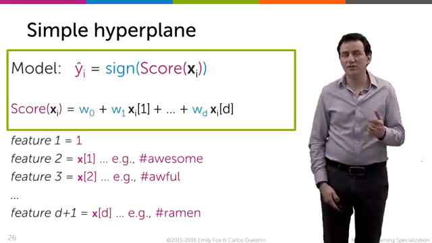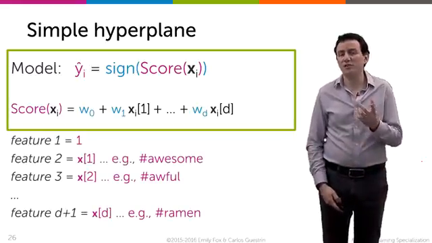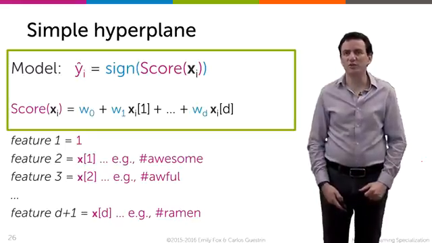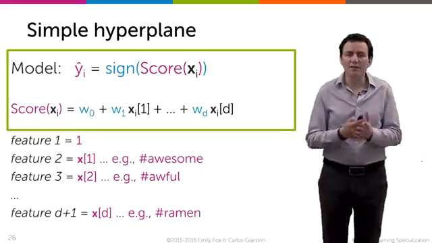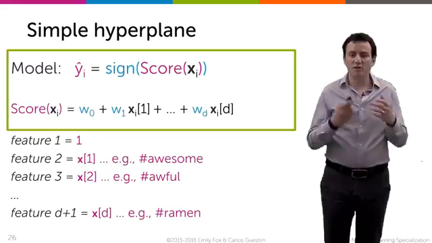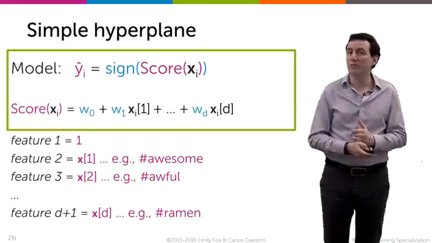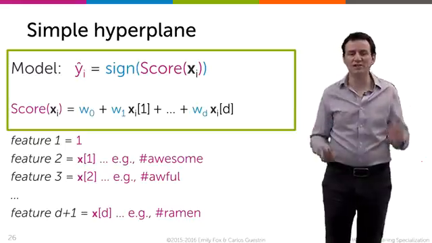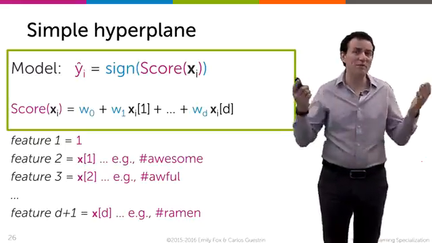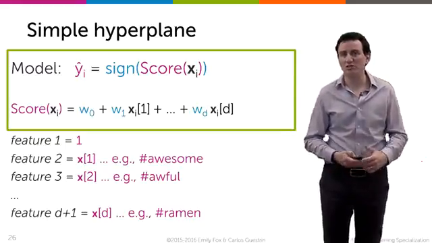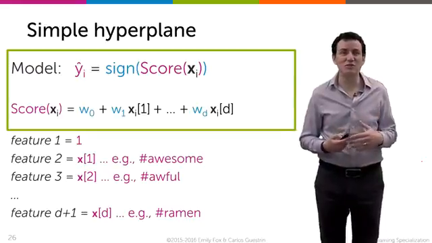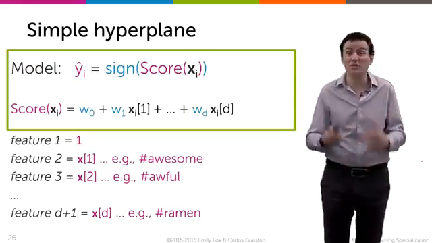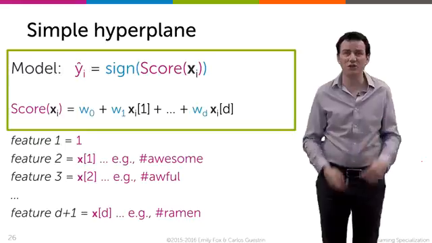And here, the first feature is 1, a constant feature like we did with regression, and x1 could be number of awesomes, x2 could be number of awfuls, and say the last one, xd, could be the number of times the word ramen shows up, which to me might be associated with a negative review, but it might be kind of indifferent. It depends on what coefficient you have there.